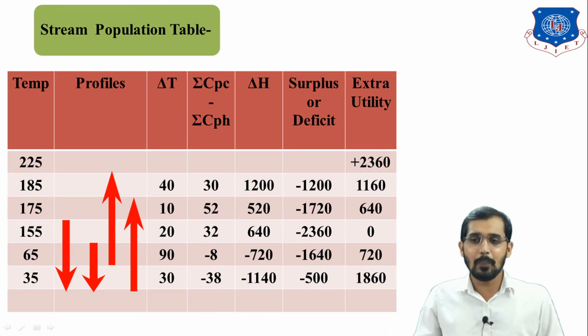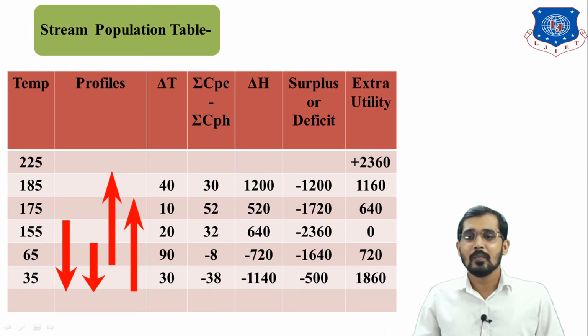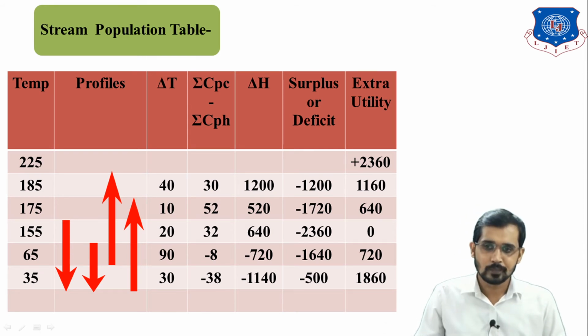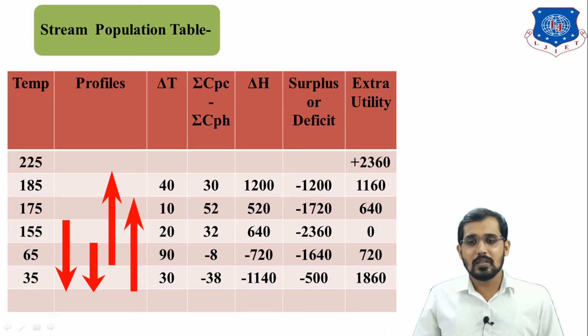So 30 plus 22 is 52 minus 0, because CPH is equal to 0. There are no hot streams available in this region, only cold streams. So the summation of CPC is 30 plus 22. The MCP for this is 30 and for this is 22. So 30 plus 22 is 52, minus 0 is nothing but 52.